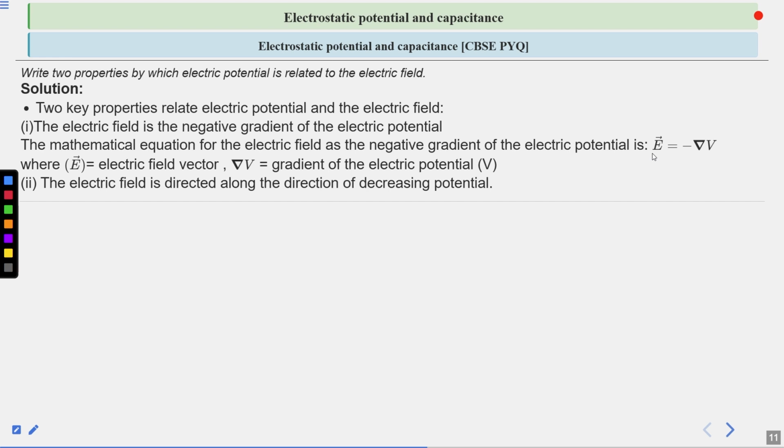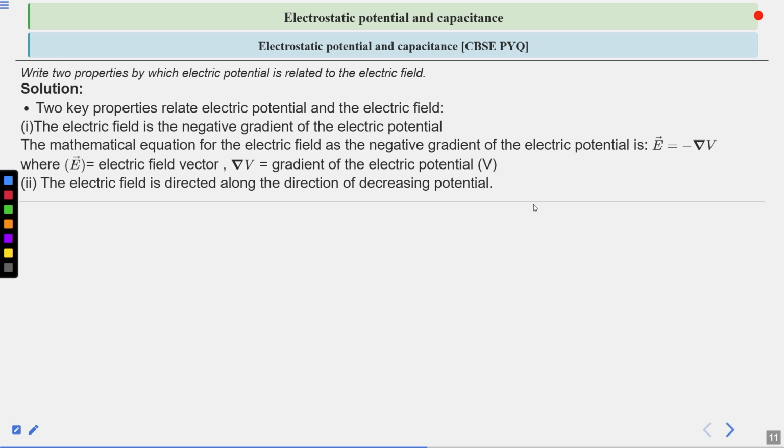If there is a positive charge, the electric field is radially outwards. So the direction of electric field is in the outward direction. If we move from that positive charge radially outwards, potential will decrease, in the direction of electric field.